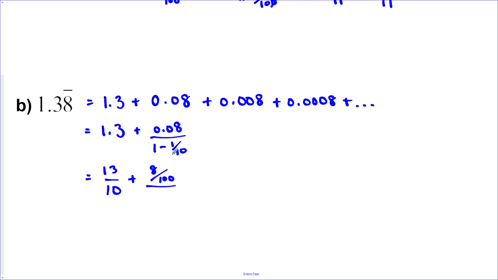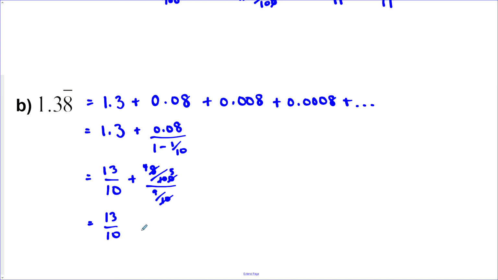And this is 9 over 10. And we can start to simplify from here, 13 over 10. This 10 will cancel out with part of this, and that would be good. And also we could divide the numerator here by 2. So this will be 4, and this would be 5.